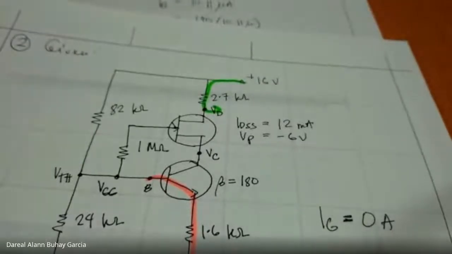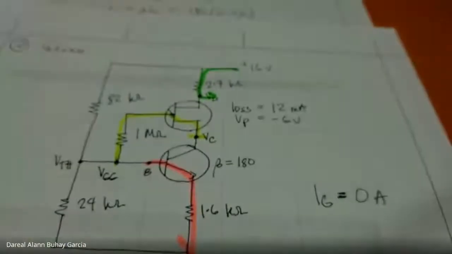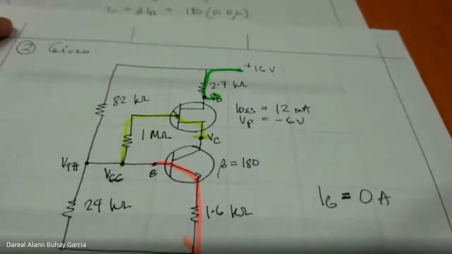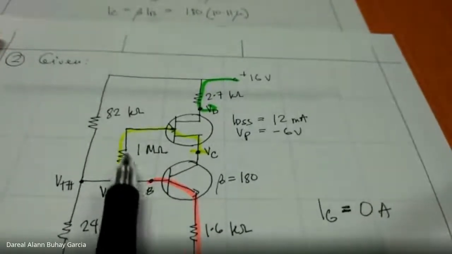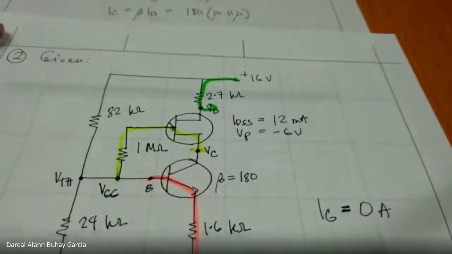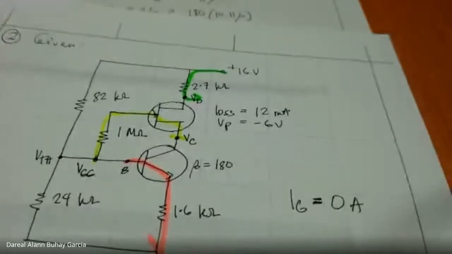Kani. VGG minus VGS minus VC. Aha, VGS. What ay VGS?